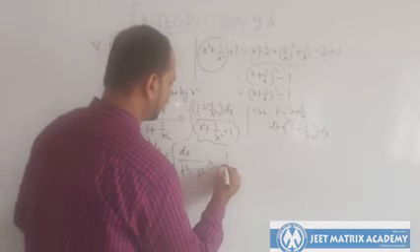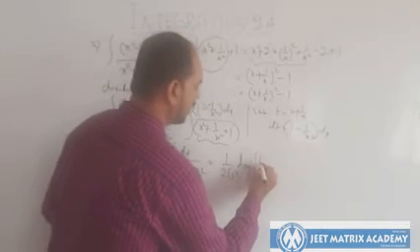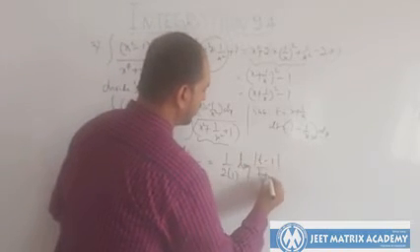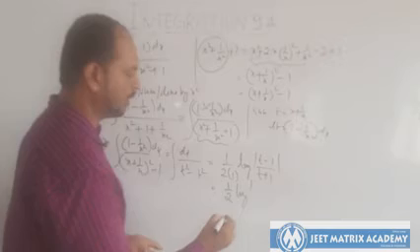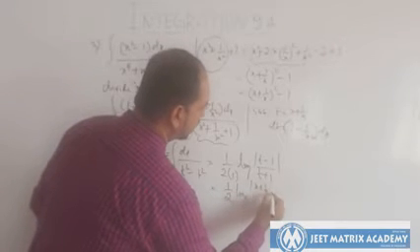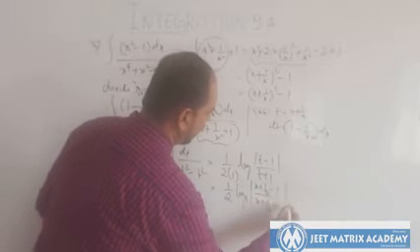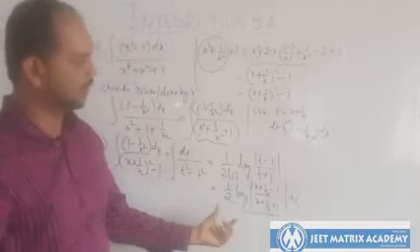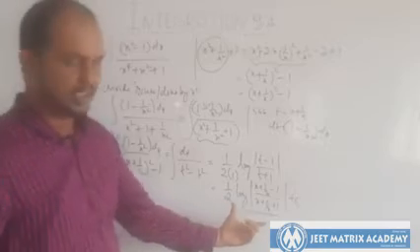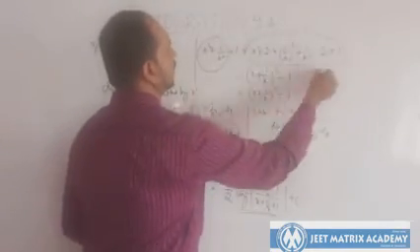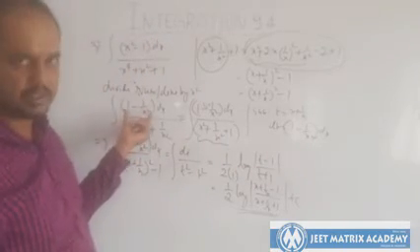I know the integration, that is 1 by 2a log of (t minus 1) divided by (t plus 1), or 1 by 2 log of (x plus 1 by x minus 1) divided by (x plus 1 by x plus 1). So this is what you're supposed to do. I think you have understood the manipulation here. This is most important: how do you manipulate as per the requirement in the numerator.